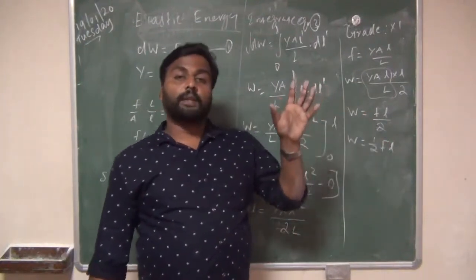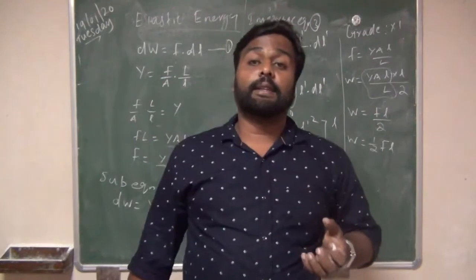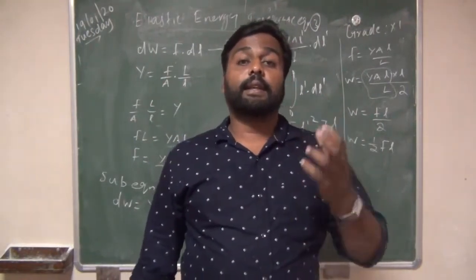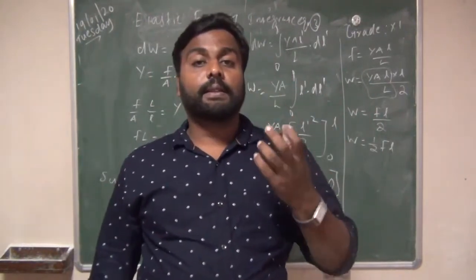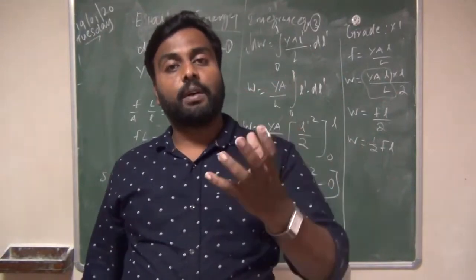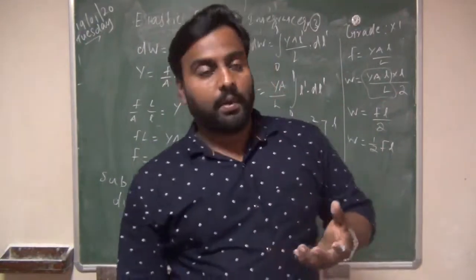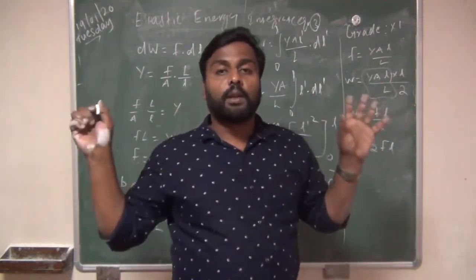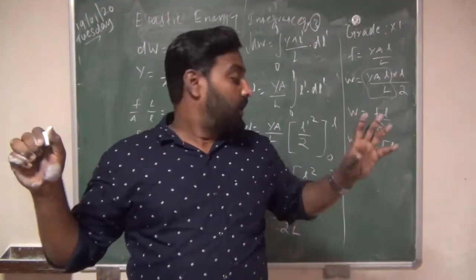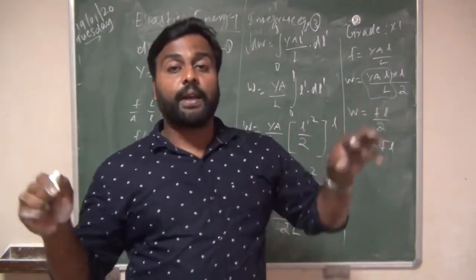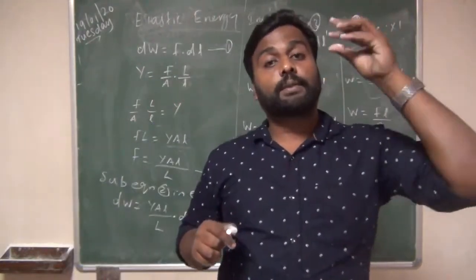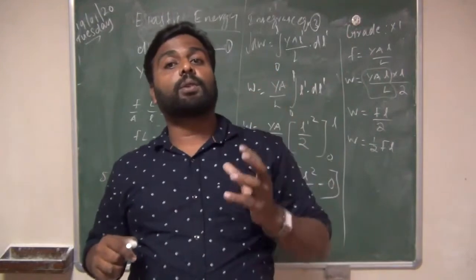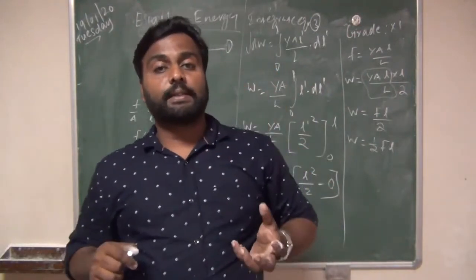Now what we have to do is find the energy density. Energy density means energy per unit volume. Here we have found the work done for the whole length, and from this we are finding the energy, because the work done is equal to the elastic potential energy.